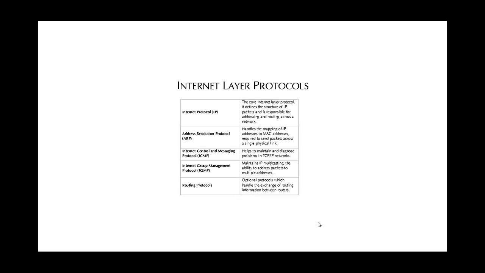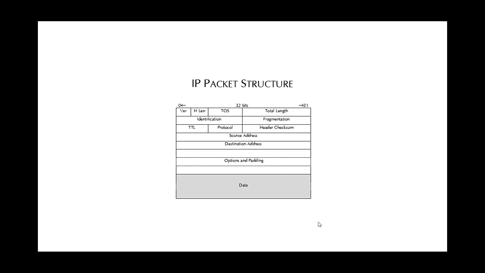The Internet layer is responsible for addressing and routing. It consists of a number of protocols, some of which are shown on screen. Internet Protocol, or IP. Each network interface connected to a TCP/IP network should have a unique logical address which allows packets to be routed to it.